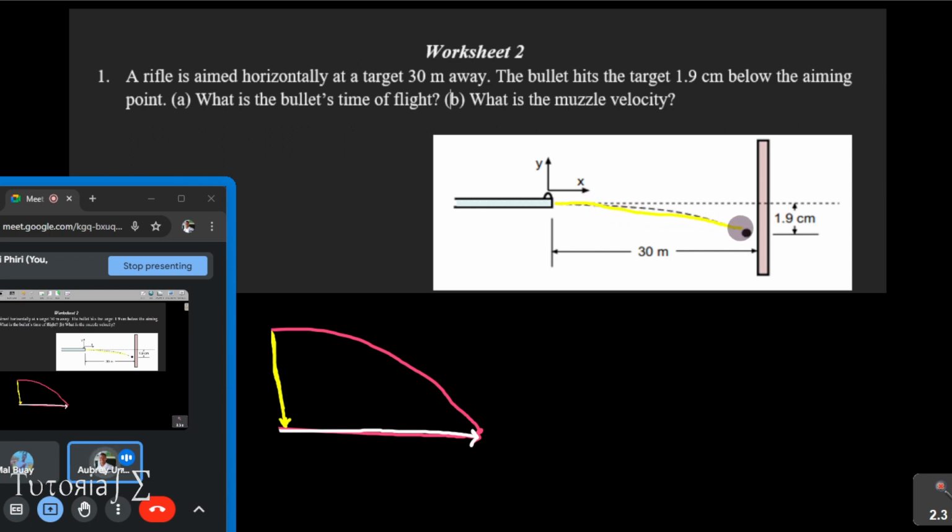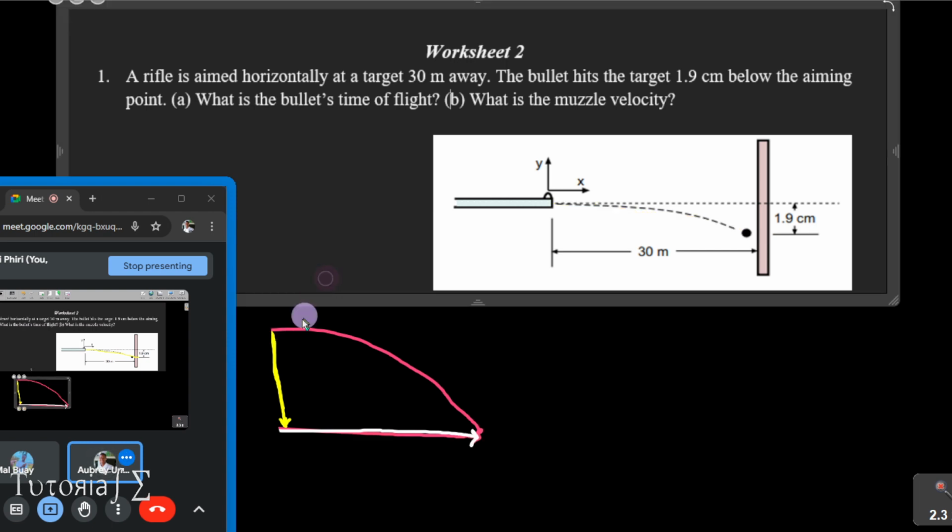Until it hits the wall at this point here. Now remember what we said about time. The time it takes to move from this yellow line here going down is the same time it takes to reach this point. So in this case it is also the same.